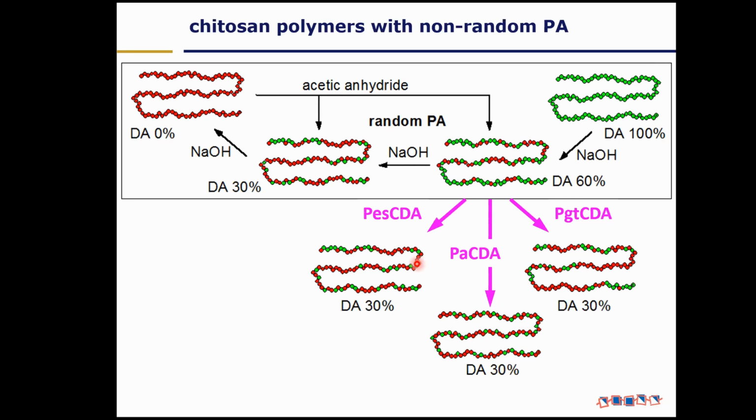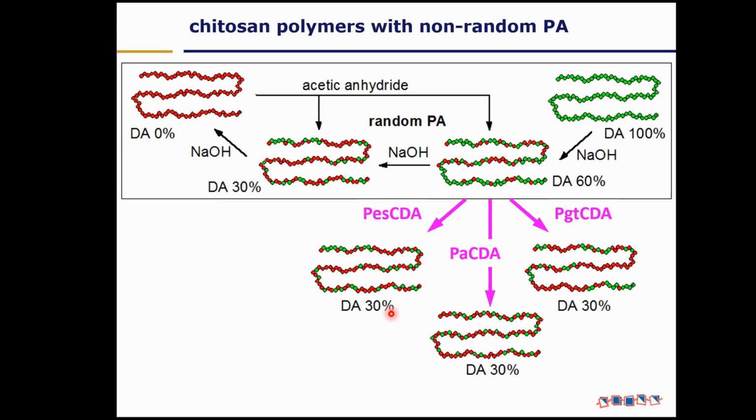They do not continue further. And typically these enzymes stop at a fraction of acetylation of 0.3. So all these three enzymes which we used here can reach DA30 or FA 0.3, but they cannot further deacetylate these.